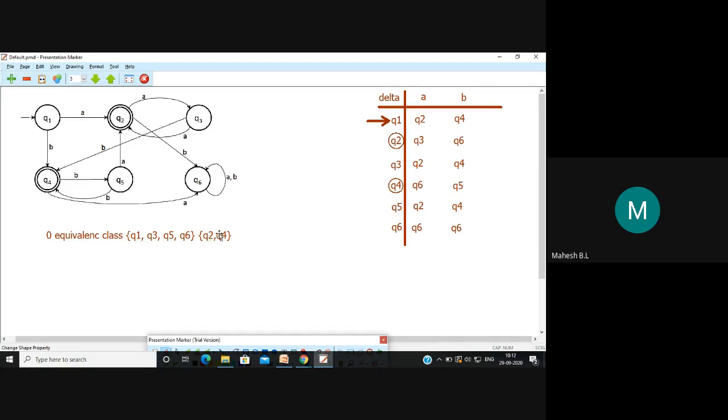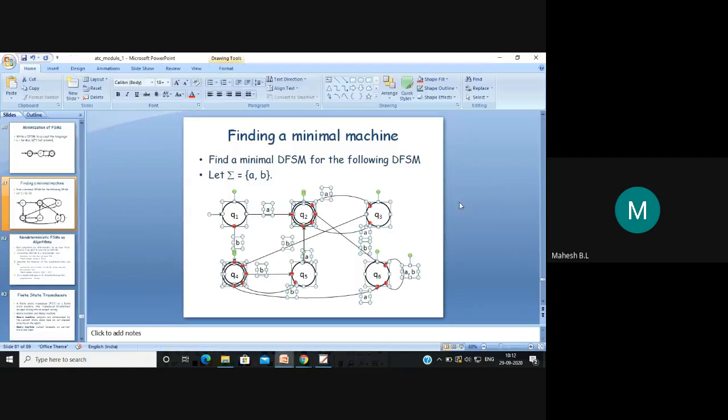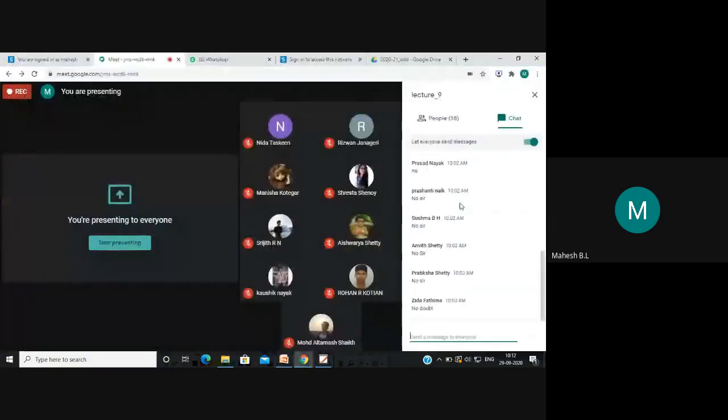First, let me consider Q2 and Q4. Q2 on A makes a transition to Q3. Similarly, Q4 on A makes a transition to Q6. Concentrate carefully.